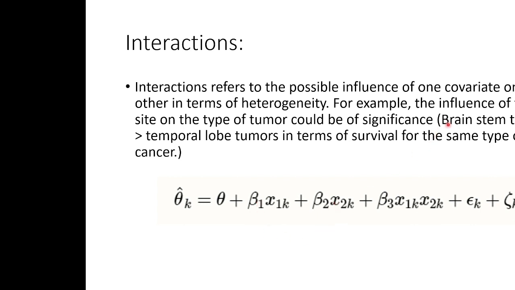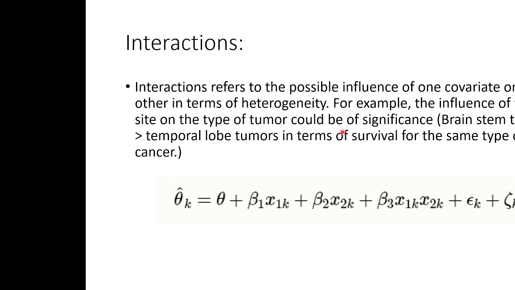For example, as I've written here, location of the tumor can sometimes affect survival outcomes for the same cancer. So, for example, assuming we have a brain tumor, a tumor that is located in the brainstem will confer worse survival than a tumor located in the temporal lobe.